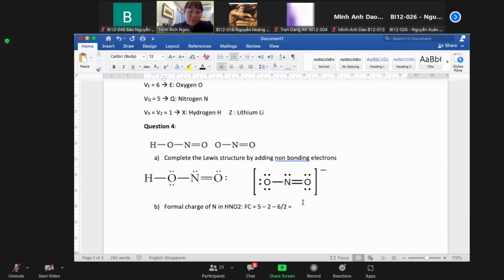Then the formal charge of nitrogen in the ion NO2 minus: 5 minus 2 minus 3, equal to 0. So the formal charge is the same for nitrogen in these two cases.